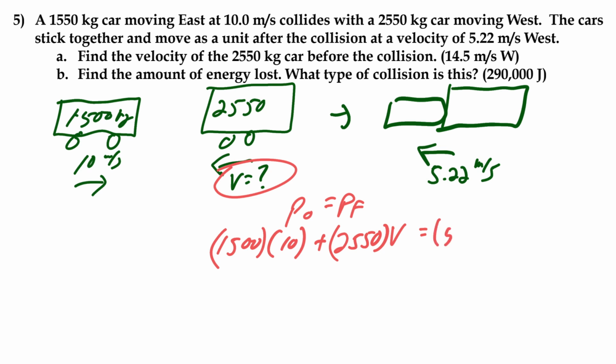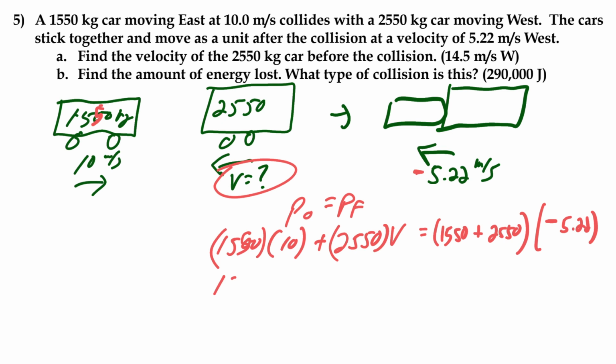1500, oops, I messed that up, didn't I? This is 1550. 1550, let's make that correction. 1550 plus 2550, and then their V combo. Now again, we're going to make this negative because it's moving west, in the opposite direction of the car moving at 10 meters per second.